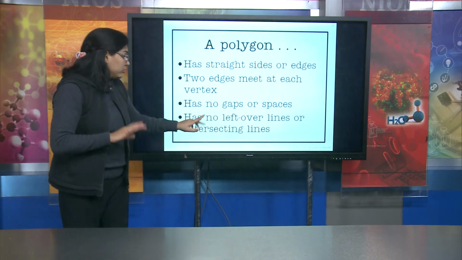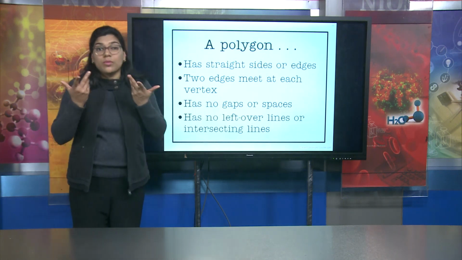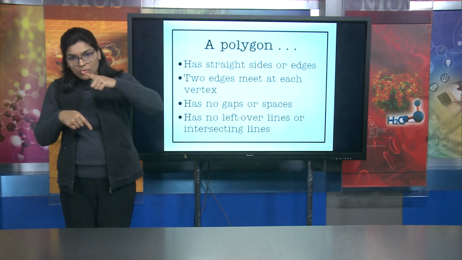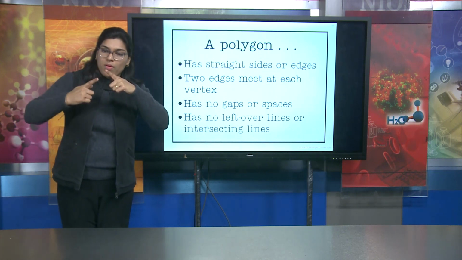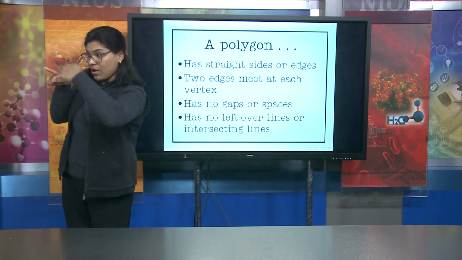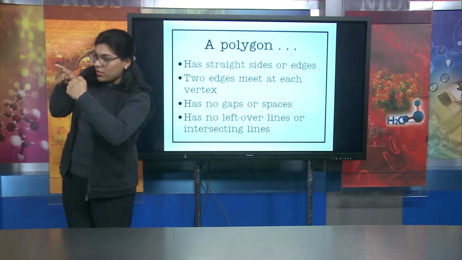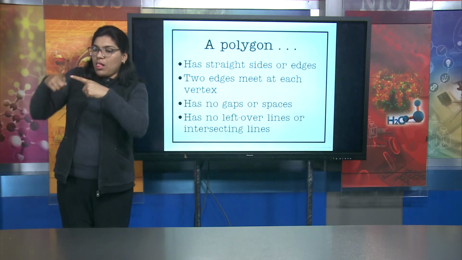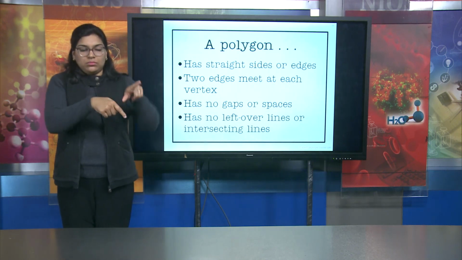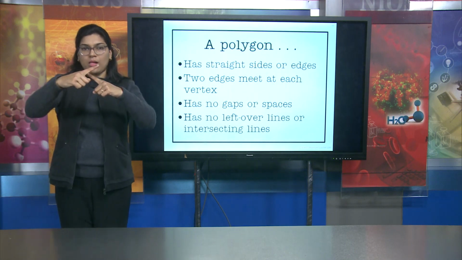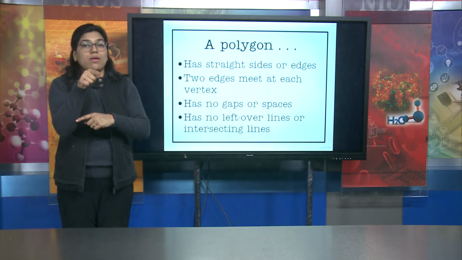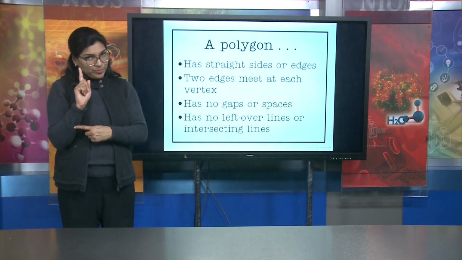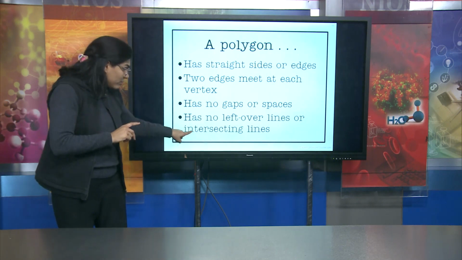Now the next feature explains that it has no leftover. Now we will understand the meaning of leftover. Suppose we draw a line and we draw another line which is a little longer than the previous line. That is not correct in the case of a polygon. So we need not draw random lines with leftovers, where any one line is longer than the other. No, that is not the case.